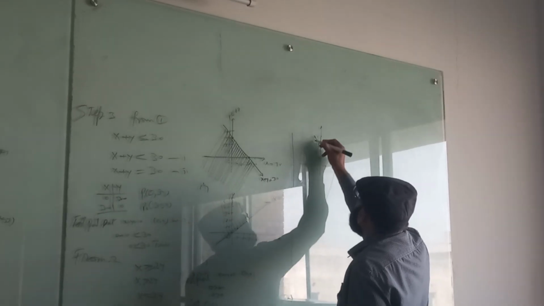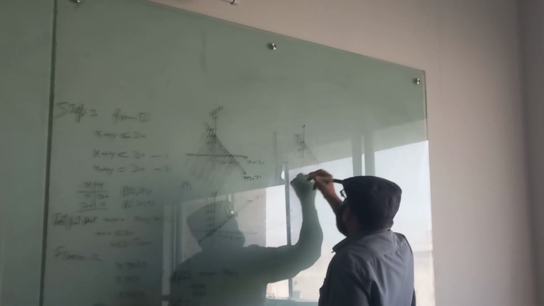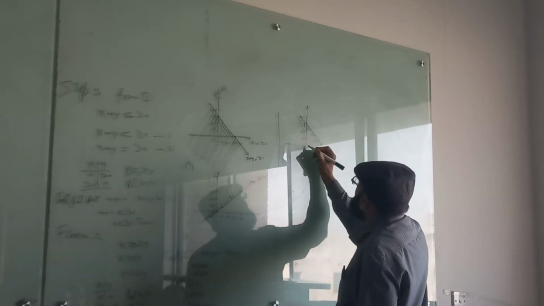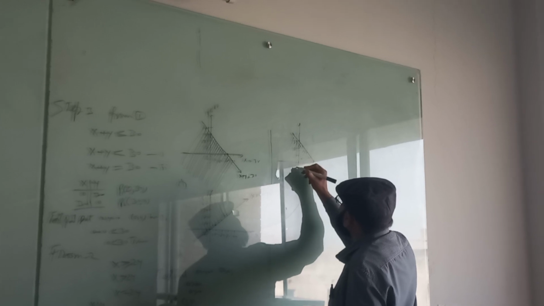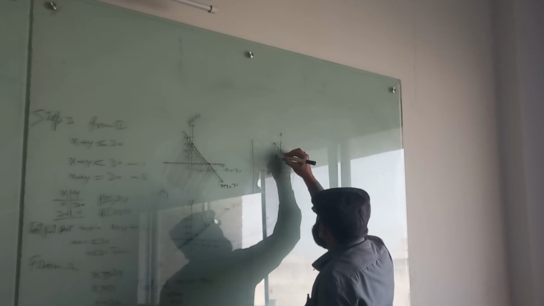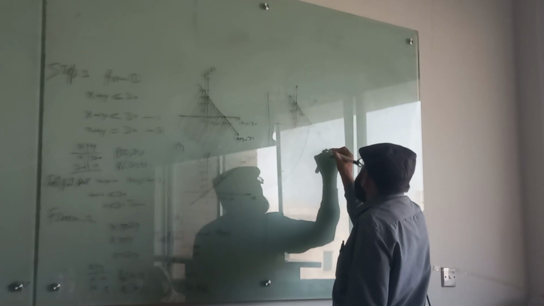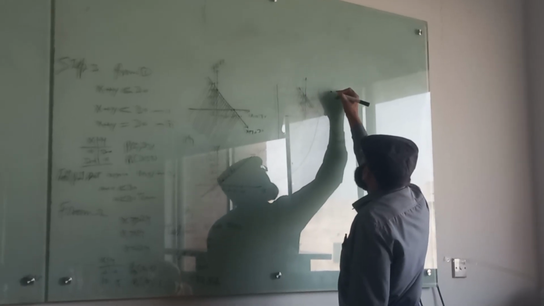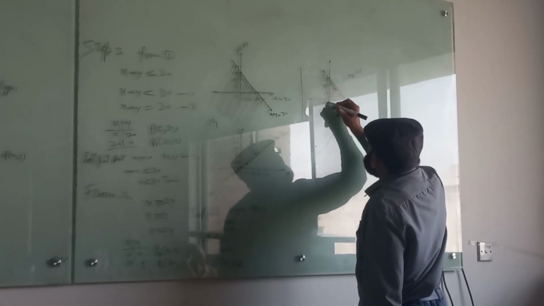Shade toward here. And second is the B graph, and shade is upward. x plus y equal to 30, x equal to 2y. These are the boundary lines.